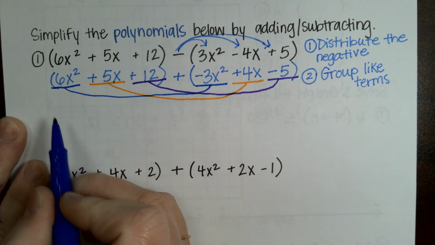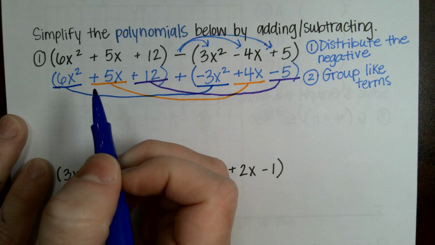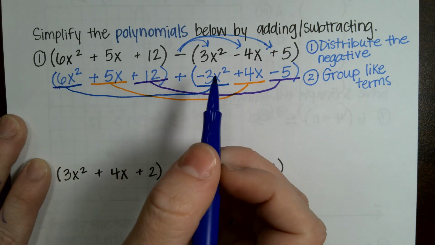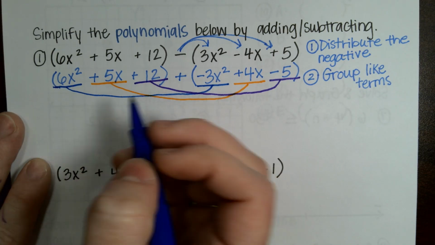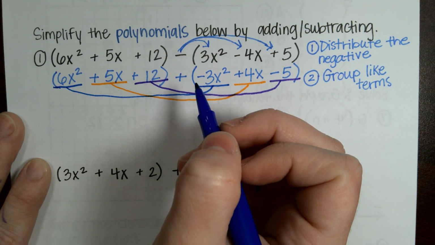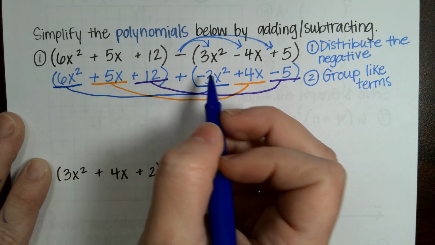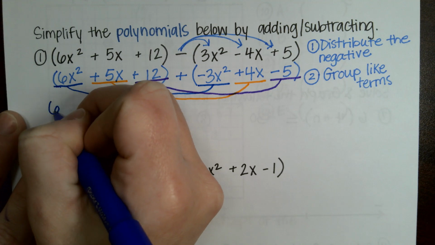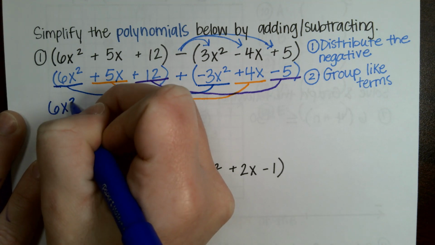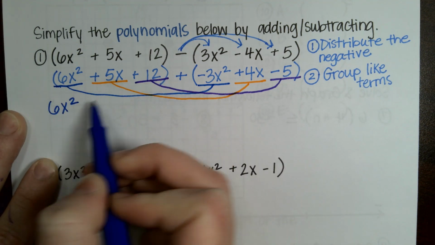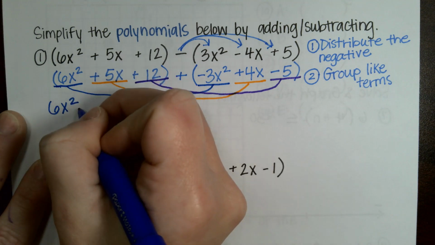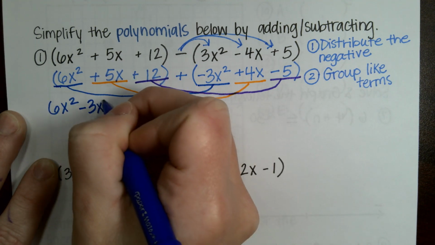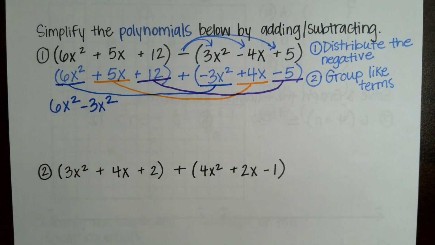What should I write below here to combine them? 6x squared. Yeah, 6x squared minus 3x squared. Good. Because when you add a negative, you're just subtracting. So 6x squared minus 3x squared. We'll get 3x squared. We sure will.